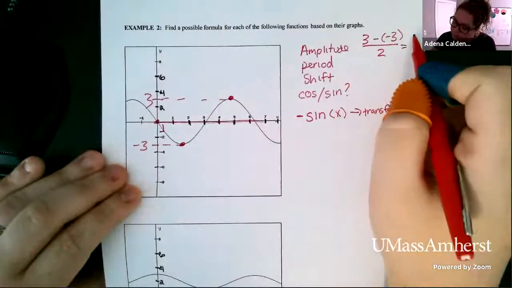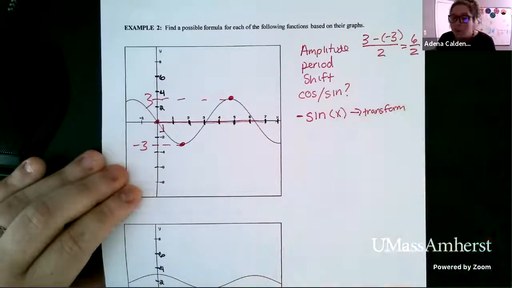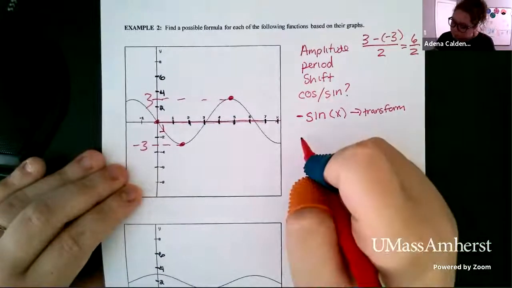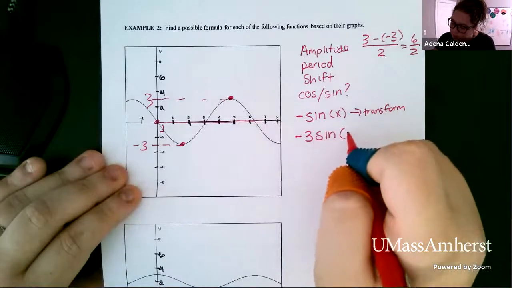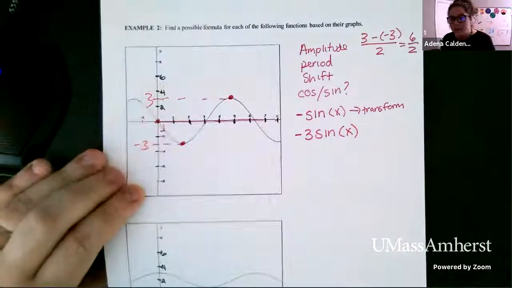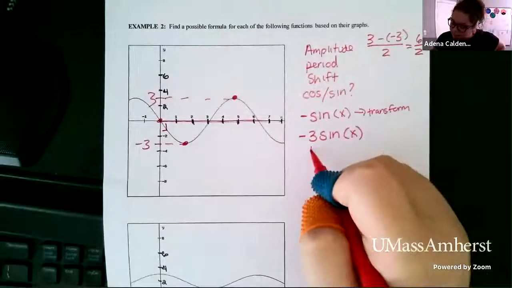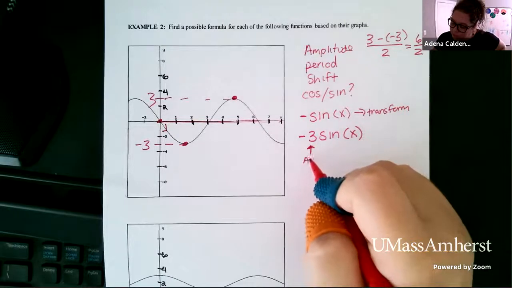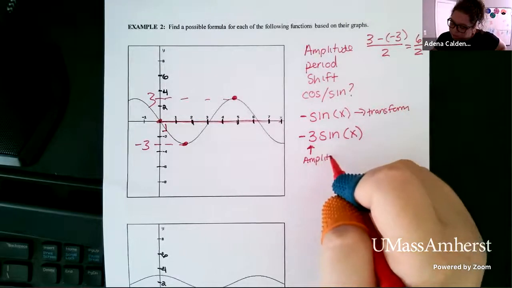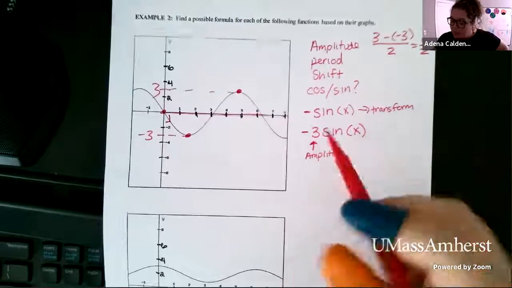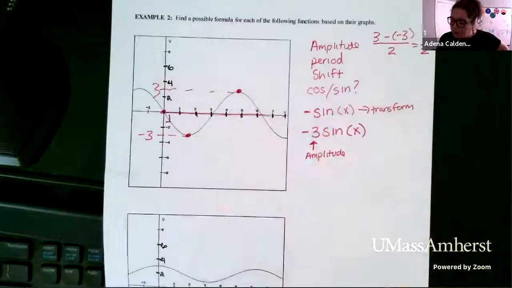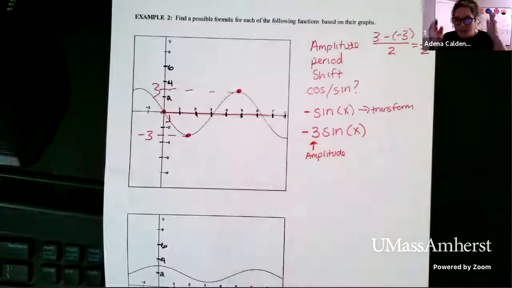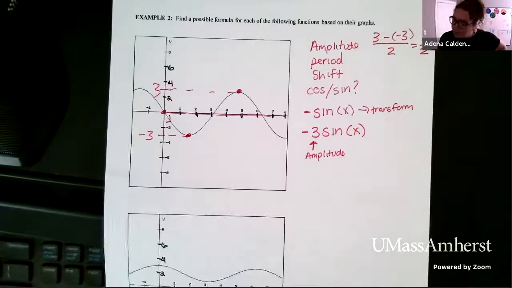So that's going to be 6/2, which gives me 3. So now I have -3 sine x, right? Because I added in my amplitude of 3. The reason why it's negative, again, is because I've rotated it around. If I was going to report the amplitude from this, I would be taking the absolute value.